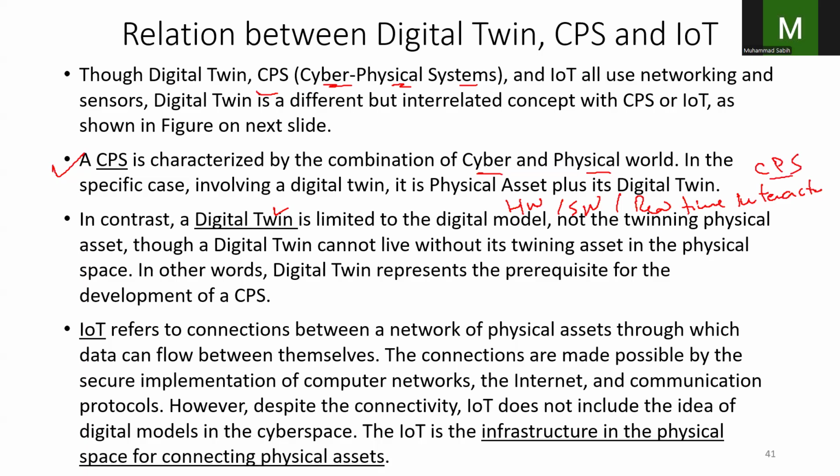A digital twin, on the other hand, is only a digital representation, and it reflects the state and behavior of the physical system assets, but does not operate independently. It needs its physical counterpart. Think of it like a digital brain, but not the body. Now the IIoT enables communication. It connects the physical assets and allows the data to flow, but it does not model the assets or create the digital representation.